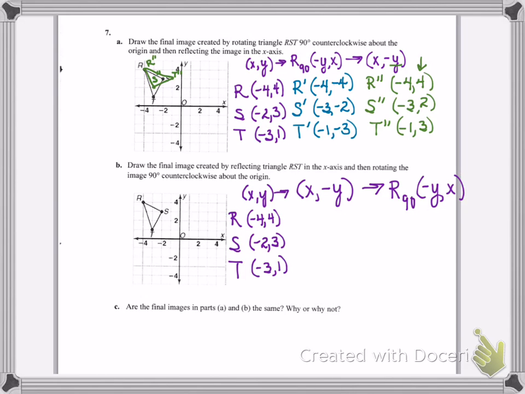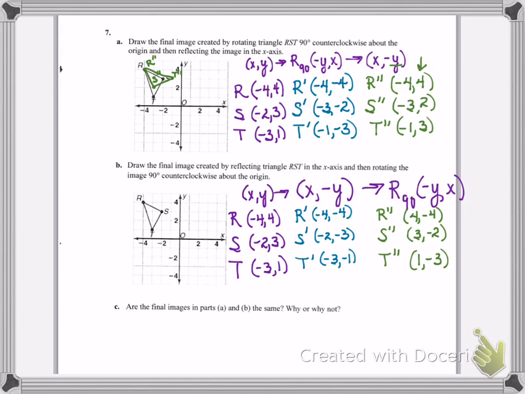Now find the new ordered pairs, the image for the reflection. Check those reflection ordered pairs with mine, and then we're going to do the last ones, the rotation of 90 degrees. Check with mine. 4, -4 for R, 3, -2 for S, and 1, -3 for T. And then we're going to plot those. So there is my final image.